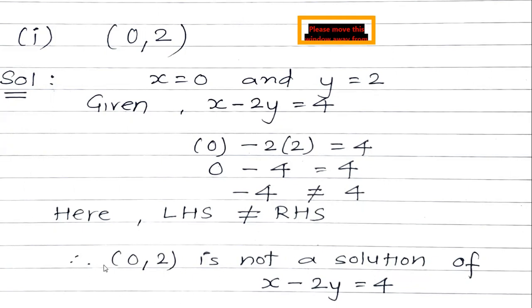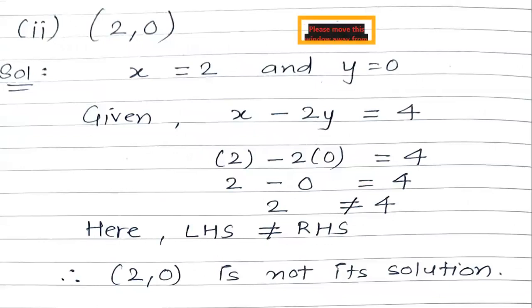As over here you can see that 0 comma 2, that is x is equal to 0 and y is equal to 2, when replaced for x and y, I'm not getting LHS and RHS to be equal. Hence, I will conclude that 0 comma 2 is not a solution of the equation.